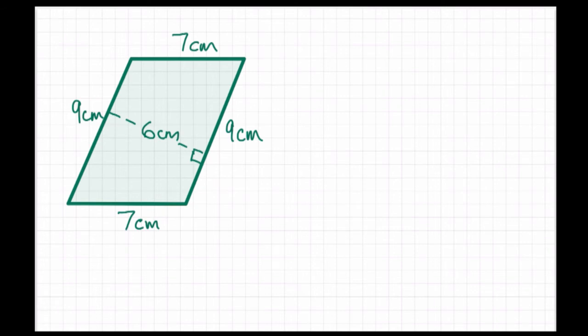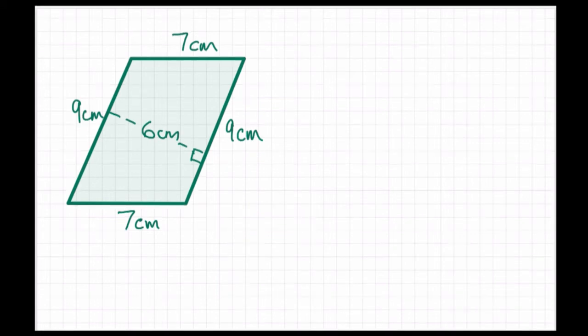Now here is another parallelogram, but can you see that in this case the height is marked perpendicular to the right hand side? So we have to consider the right hand side as our base. So there are other measurements on here that we don't need.